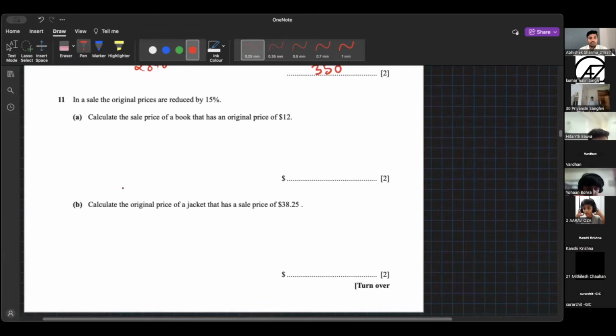Next question, question number 11. It says in a sale, the original price is reduced by 15%. Whatever is the original price, it is reduced by 15%. Calculate the sale price of a book that has an original price of $12.